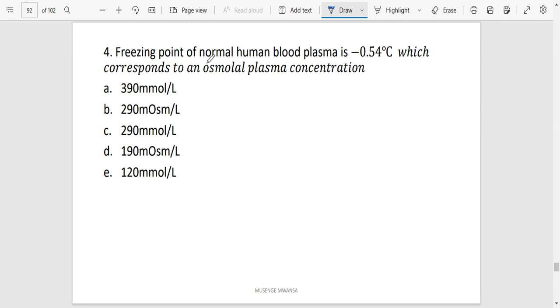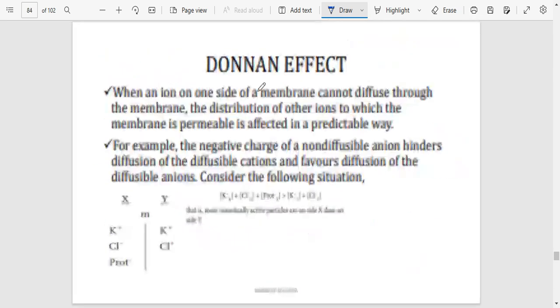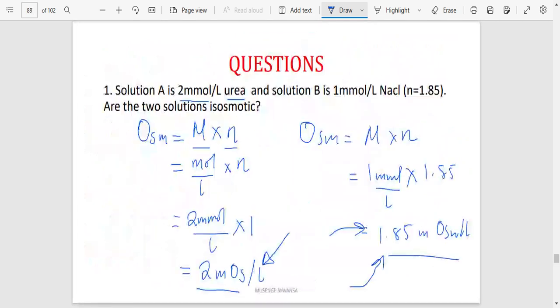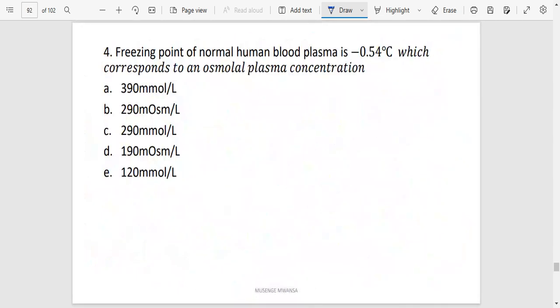Let's consider this one. The freezing point of normal human blood is negative 0.54 degrees Celsius, which corresponds to an osmolar plasma concentration. Remember, we gave the formula for this one. Let me just get a reminder of the formula that we wrote here. The osmolar concentration in milliosmol per liter is given by freezing point depression divided by 0.00186.